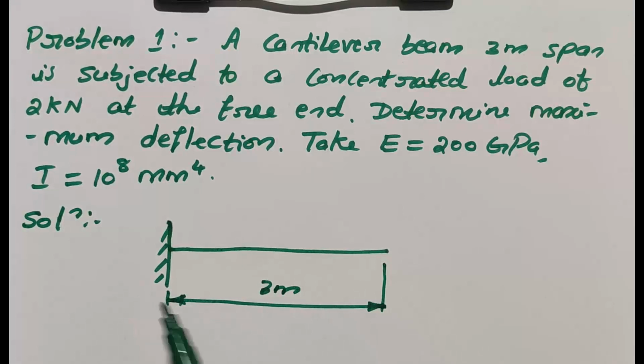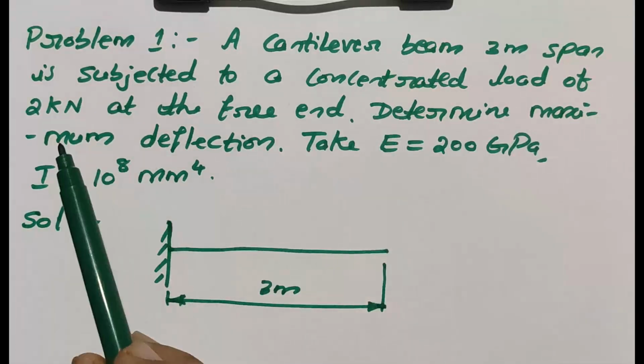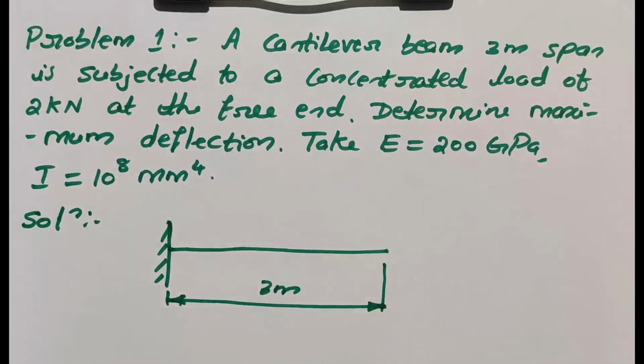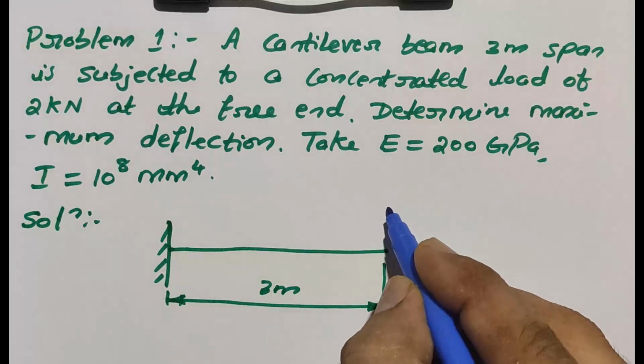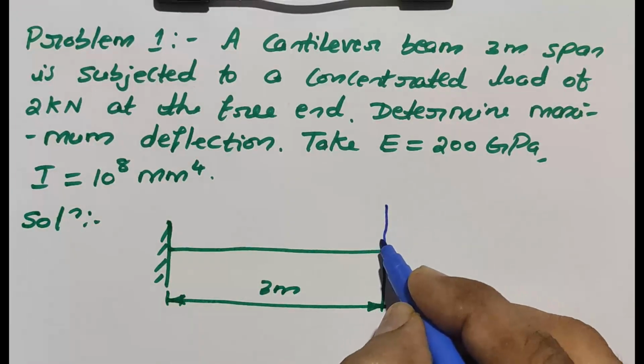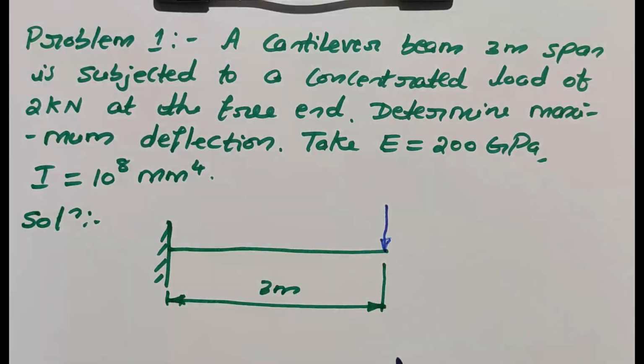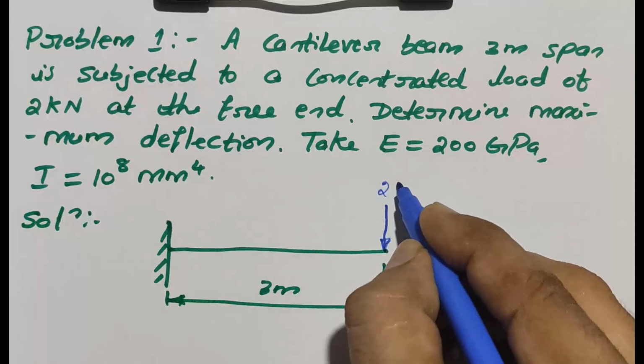One end of the beam is fixed, the other end is free, which means it is a cantilever beam. This beam is subjected to a concentrated load of 2 kN at its free end.